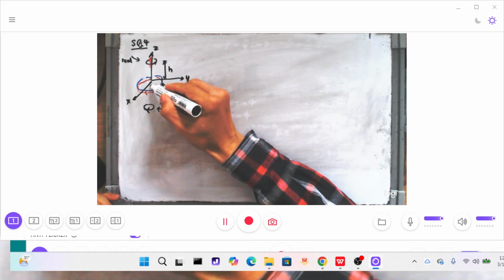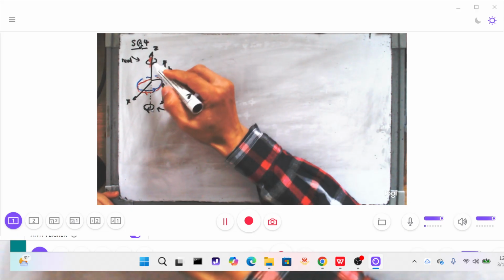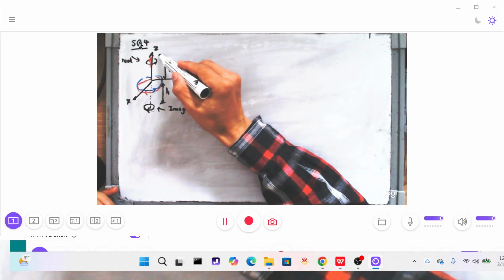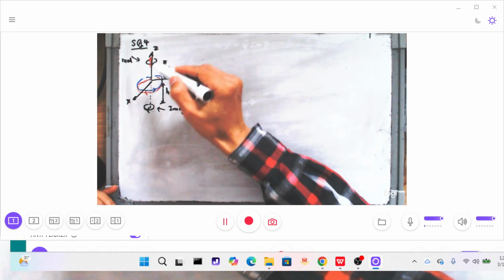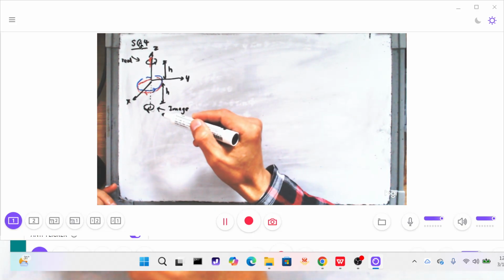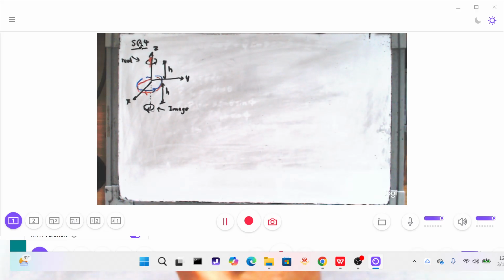So in other words, if you have an electric field E here, then the electric field in the image will be negative E. This is the way we determine the sign.